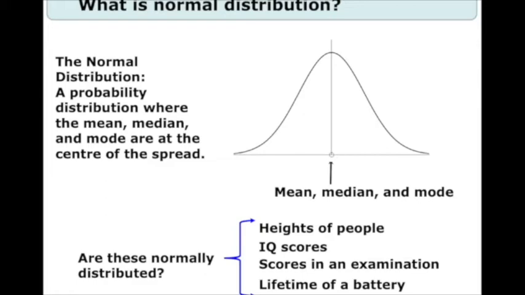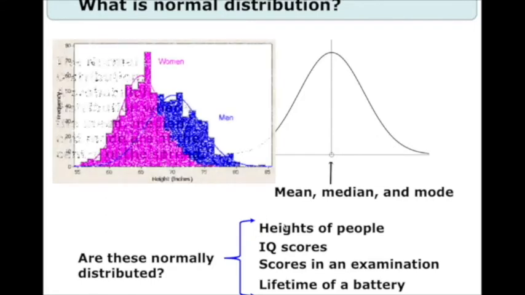As mentioned before, it must have mean, median, and mode of equal value, and a distribution of a symmetrical bell shape. So let's take height of people as an example.